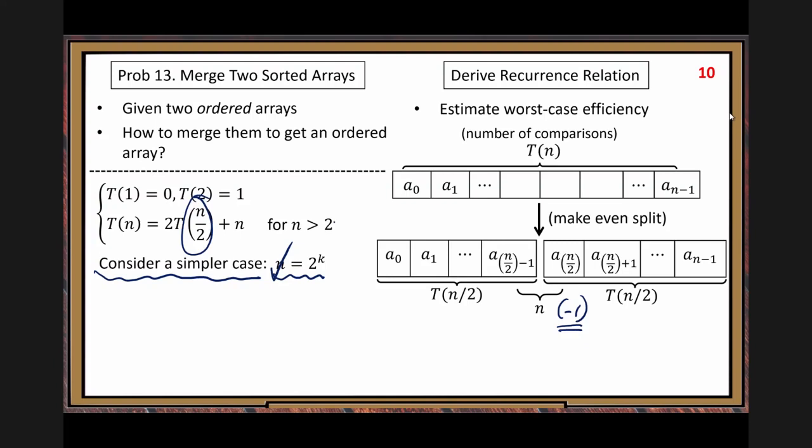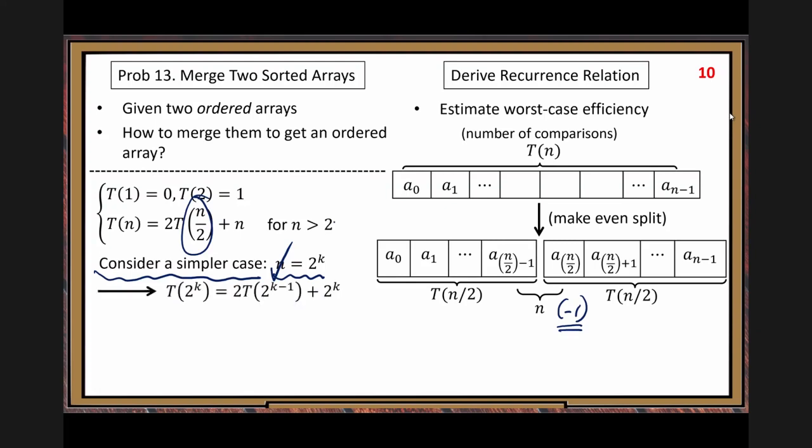Because after we make this assumption, n equals 2 to the k power, then all the division by 2 becomes integer. How nice it is. Division by 2, all integers.